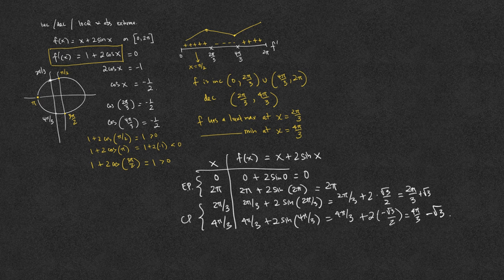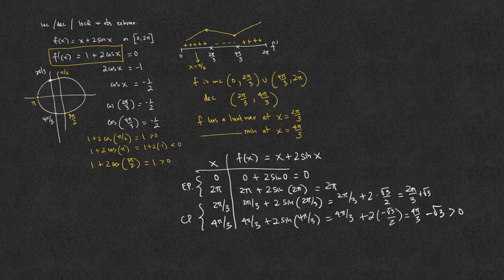Now, we still need to determine which one is the largest number and which one is the smallest number. Pi is approximately 3.14, and so 4 pi over 3 is more than 4, minus root 3. It is positive for sure.